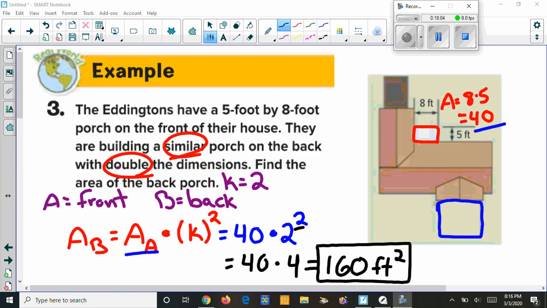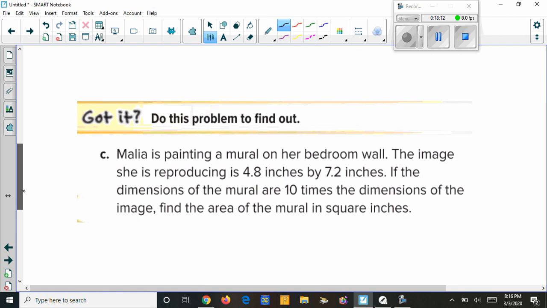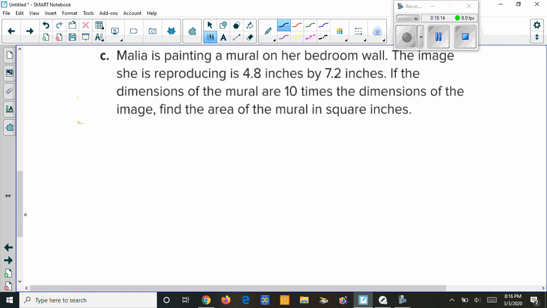We're going to do the got it question that's on the next page of your book. Amalia is painting a mural on her bedroom wall.